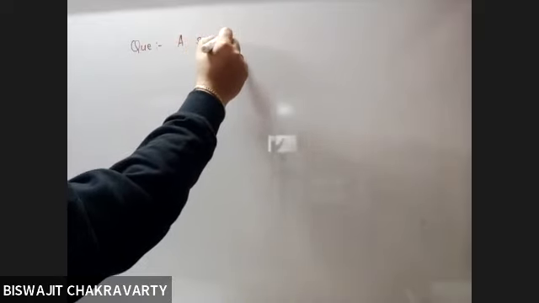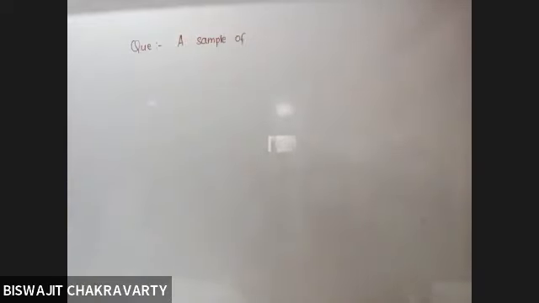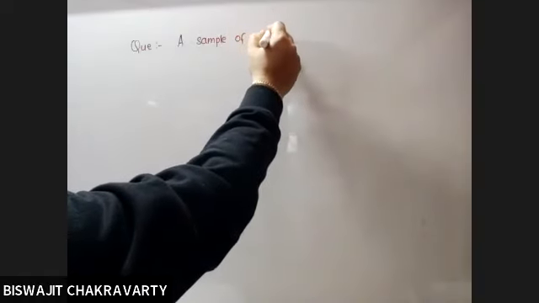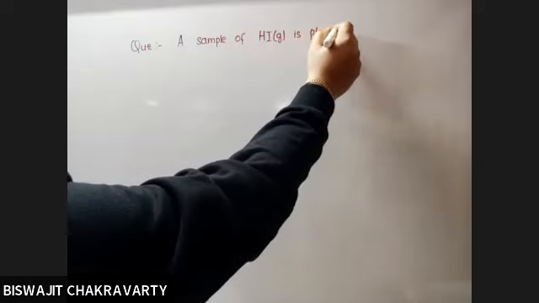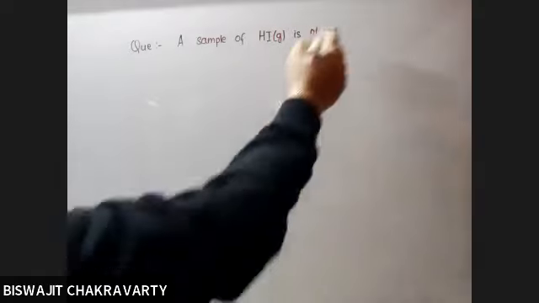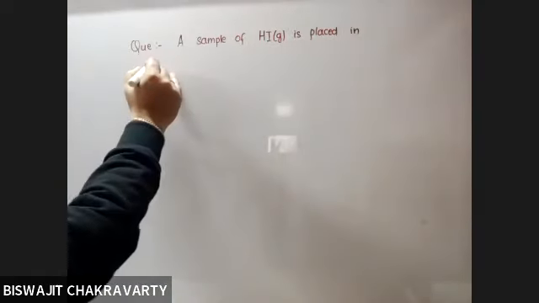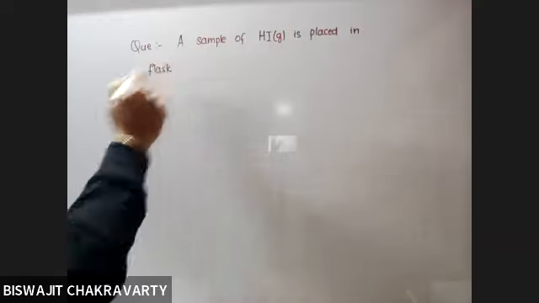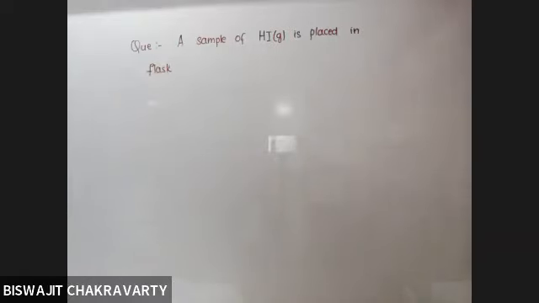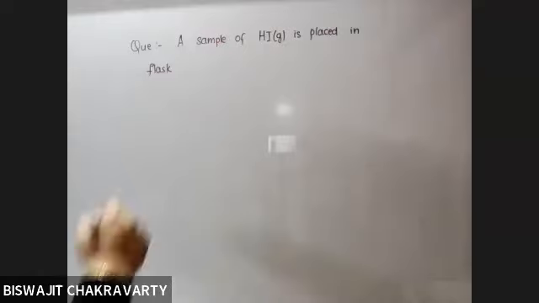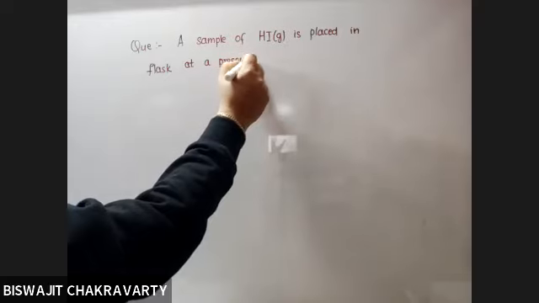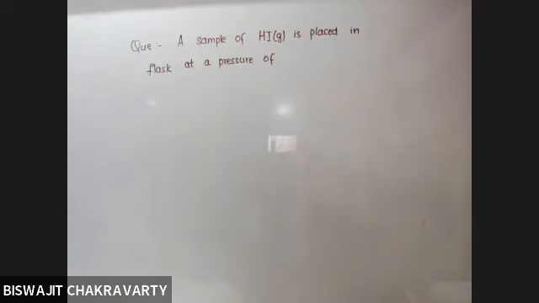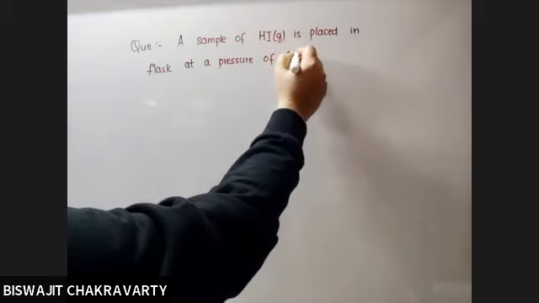A sample of HI is placed in a flask at a pressure of 0.2 atm.